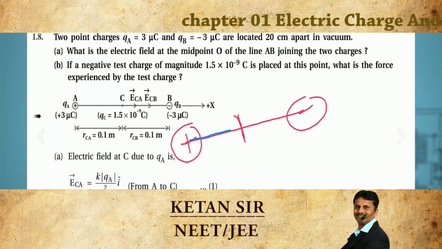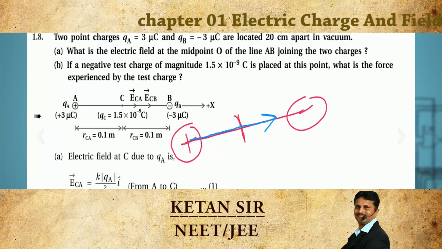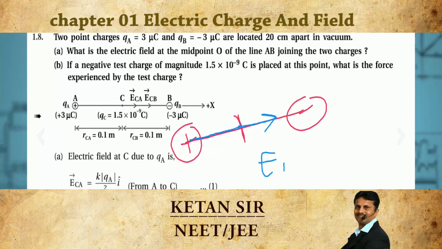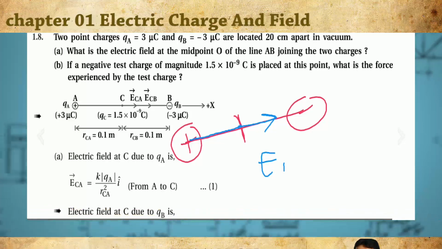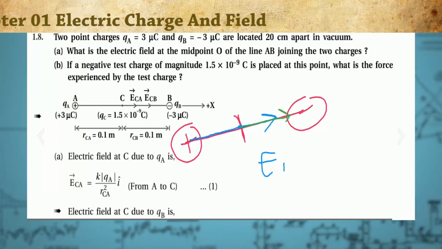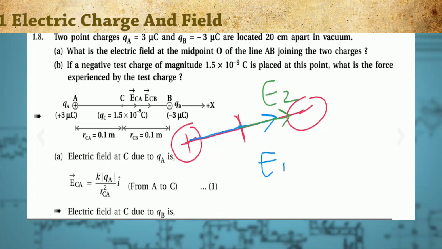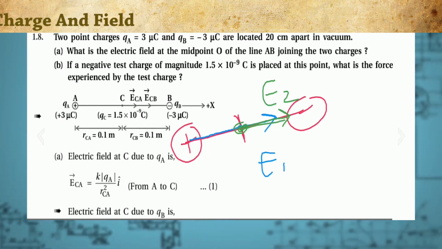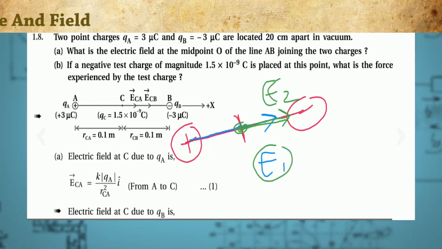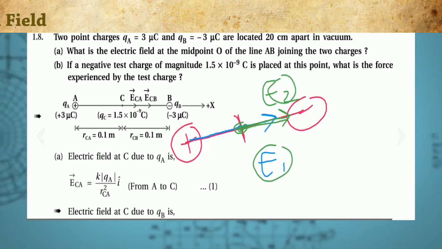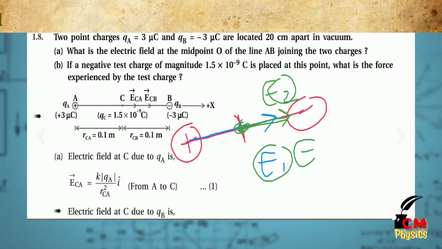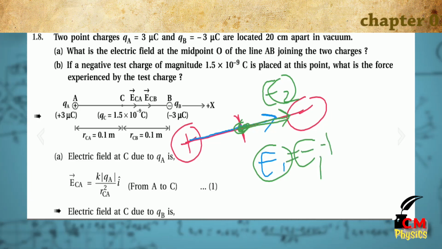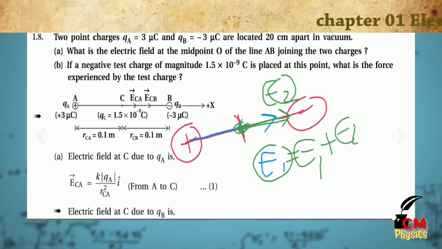Due to the positive charge, the electric field at that point is in this direction, E1, and due to the negative charge, the electric field is in this direction, E2. Both electric fields are directed towards the negative charge. Therefore, the resultant electric field is the summation of the two electric fields, E1 plus E2.